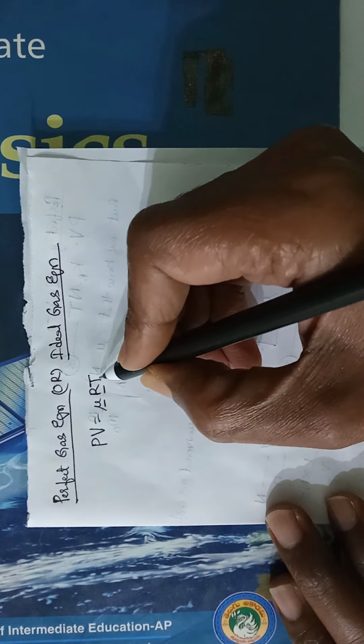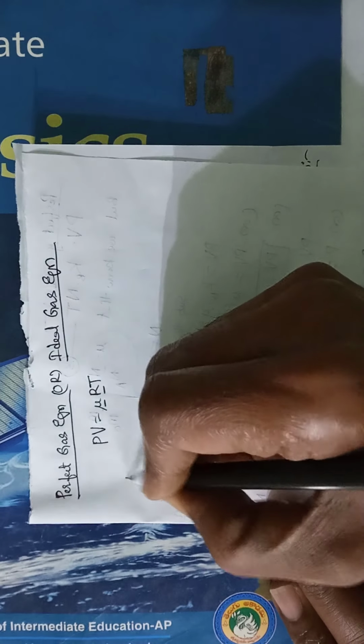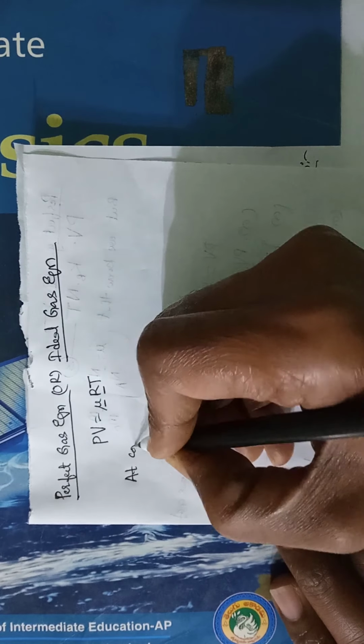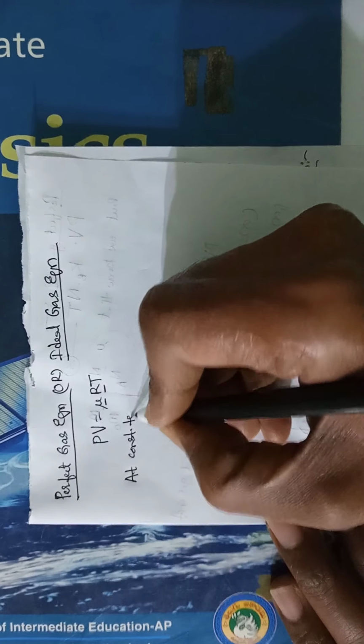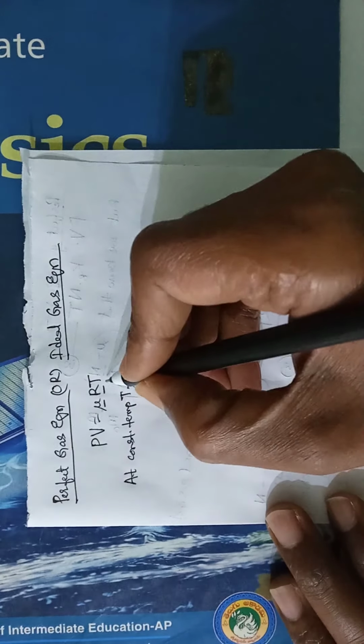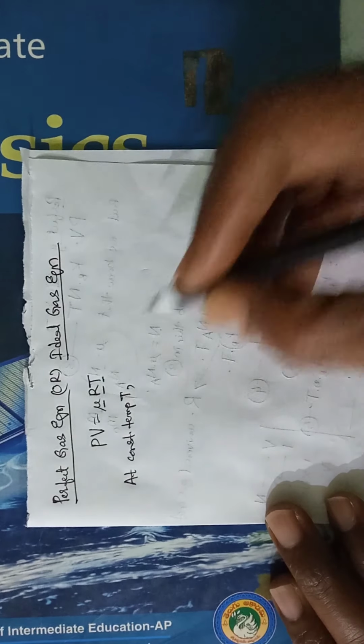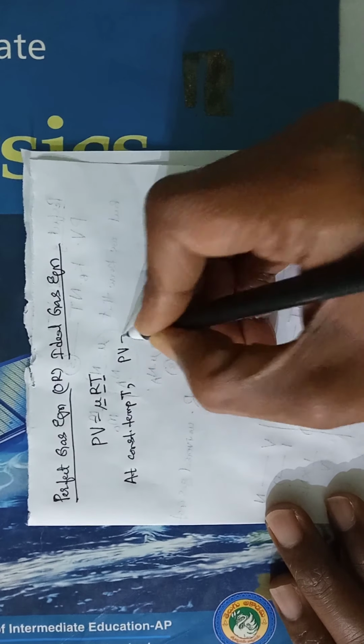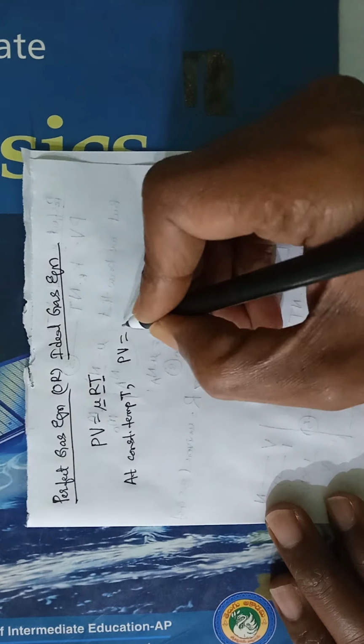If you take T also constant, that is at constant temperature, then what happens? The product of P and V becomes a constant.